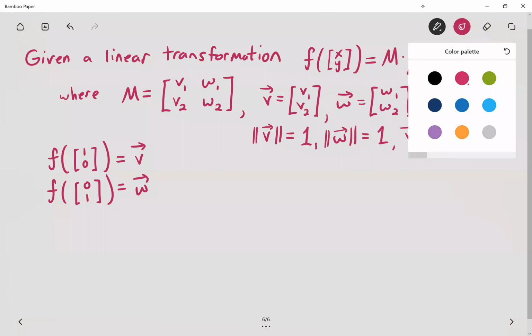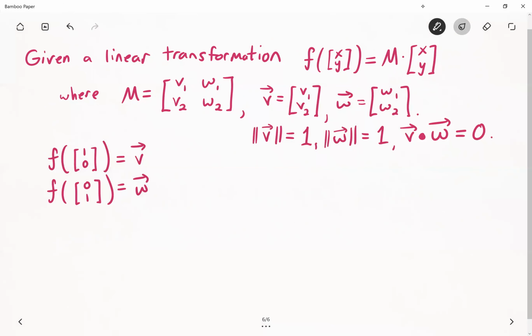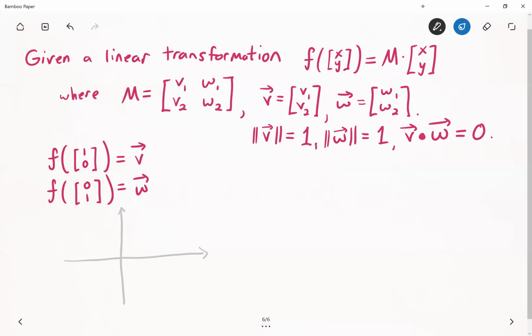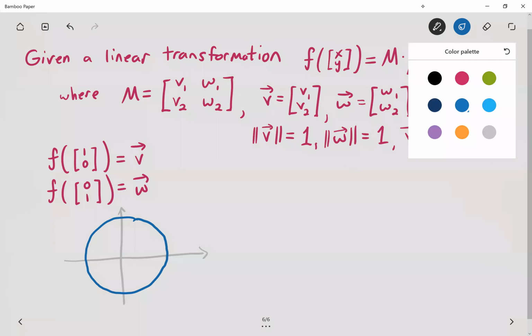So I'll change some colors here. Let's draw a coordinate axis. I'm going to go ahead and draw a unit circle. What do we have here? We start off with the two basis vectors.